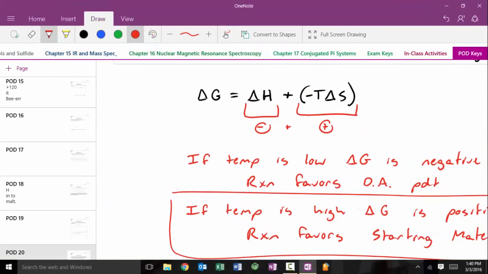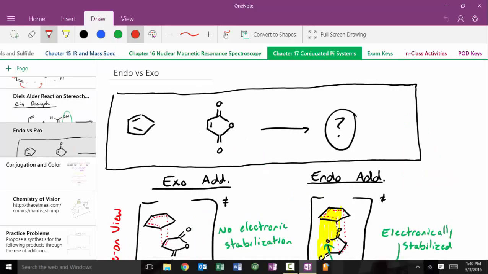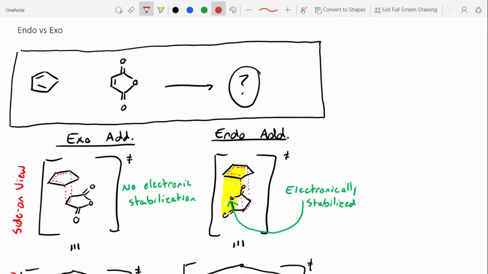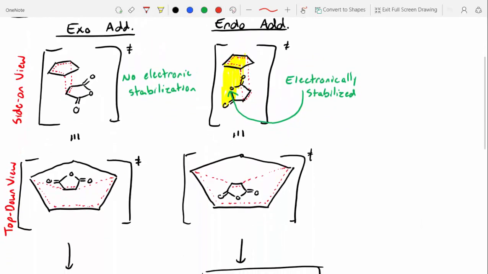All right, so let's go back to where we finished off yesterday. Yesterday we talked about endo versus exo addition, and I gave you guys this example. Exo addition is where you have the side-on docking. It's not an overlapping sandwich. And endo addition is where you've got this overlapping sandwich of your diene and your dienophile.